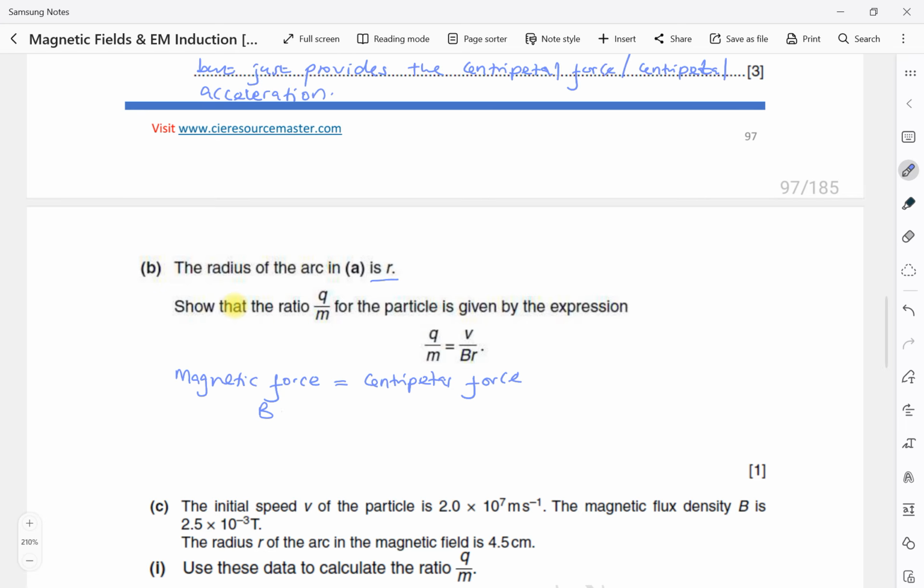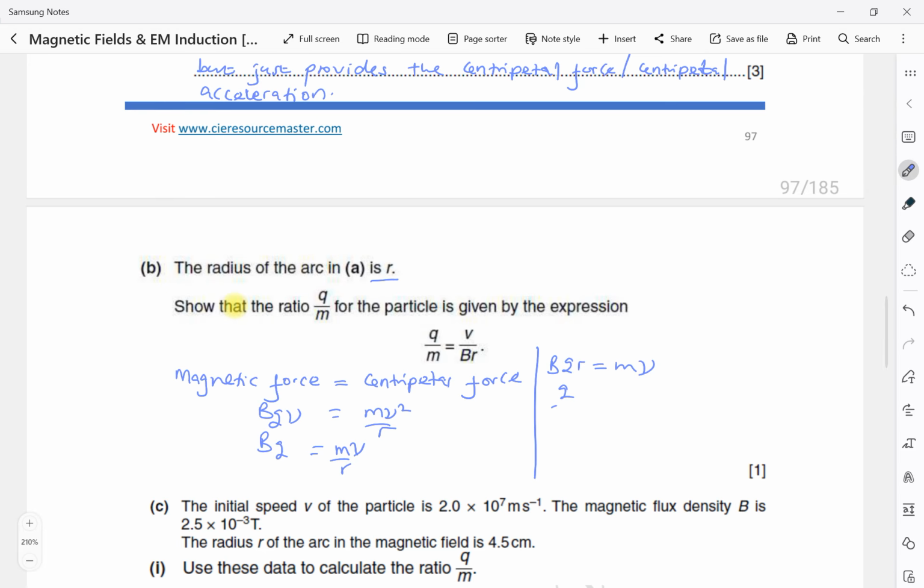That means that BQV equals mV squared over R. So rearranging this equation, you notice that B times Q is the same as mV over R, which when you rearrange, you notice that BQR is equal to mV.